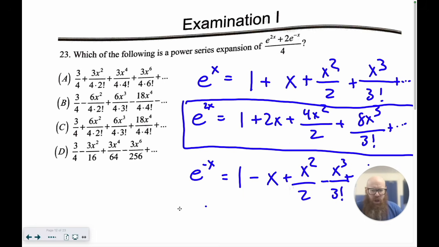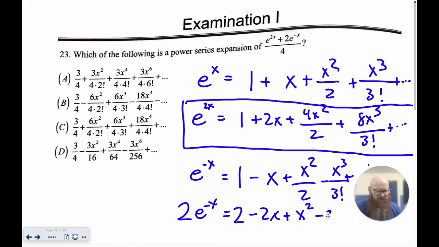So then that tells me that if I want to multiply all those by 2, 2e to the negative x is 2 minus 2x plus, the 2's cancel here, x squared minus 2x cubed over 3 factorial. I don't know if that was a good idea to cancel the 2 out.